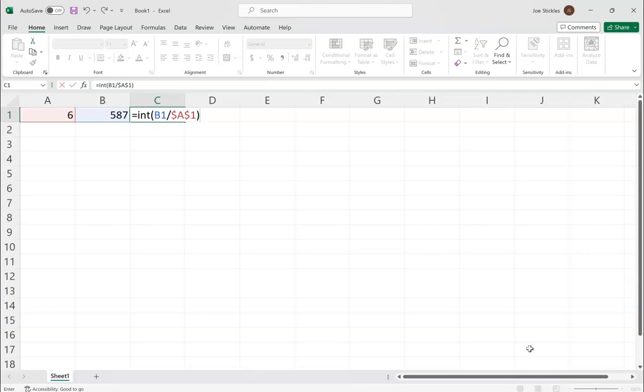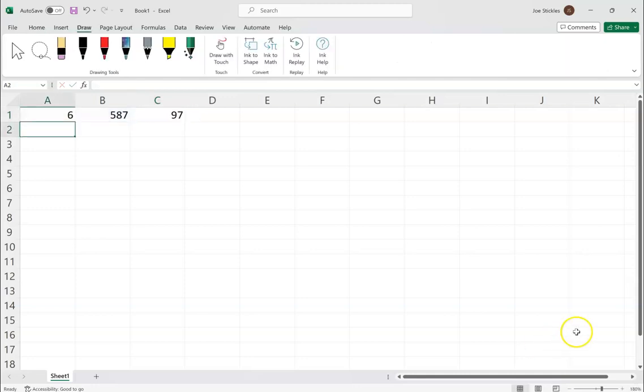That'll give you the quotient, which gives me 97. To get the remainder, you would take what you started with and subtract off the quotient times what you divided by. So it would be this absolute cell reference times the quotient that we just computed.